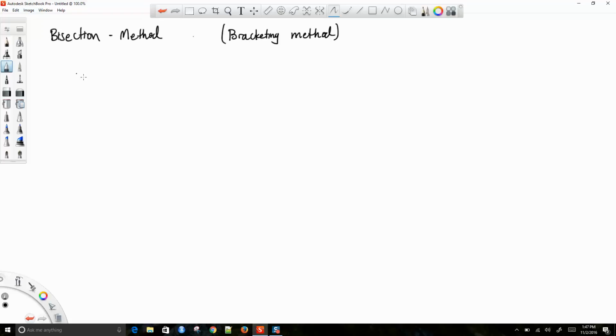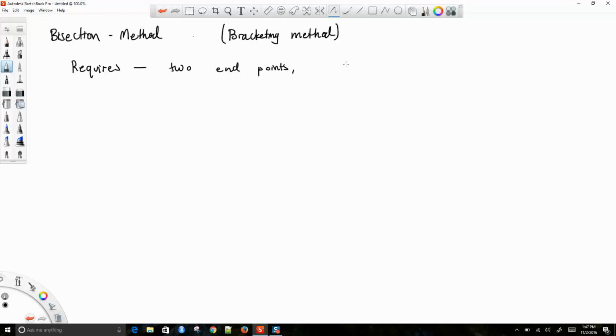And this one really requires not a whole lot of thinking. Okay, what it requires is that you have two endpoints, and you know that the function crosses x somewhere between those endpoints.